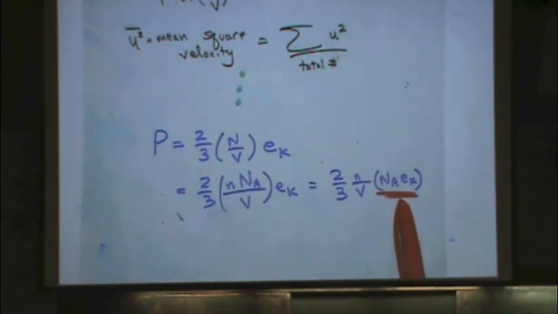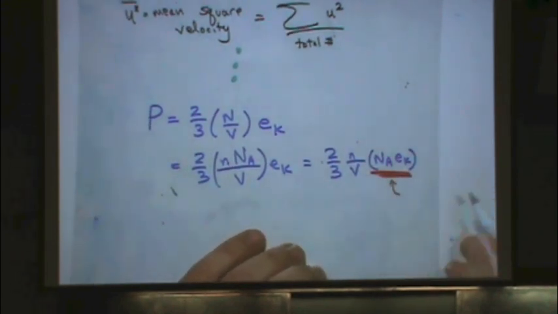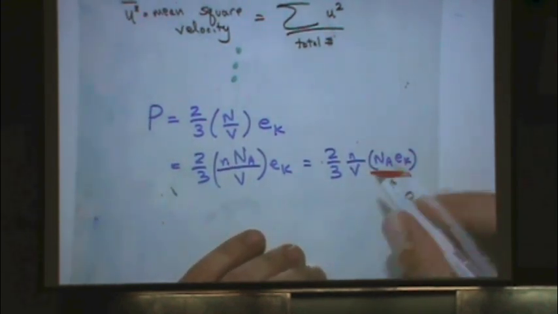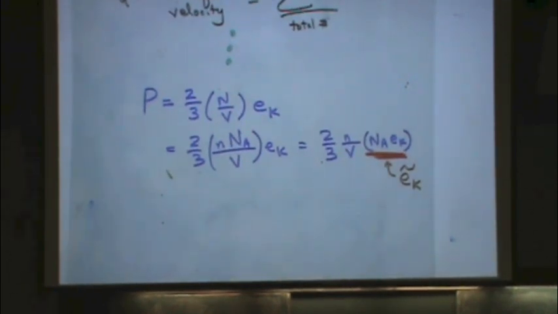It just comes convenient to write it, rewrite it, and not write all these variables. It's EK squiggly. What is EK squiggly again? It's the average kinetic energy for a mole of gas particles. EK squiggly.